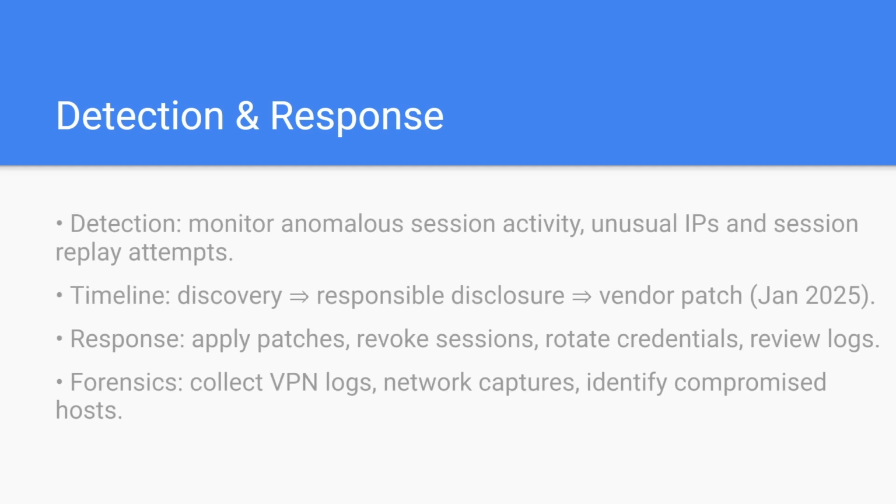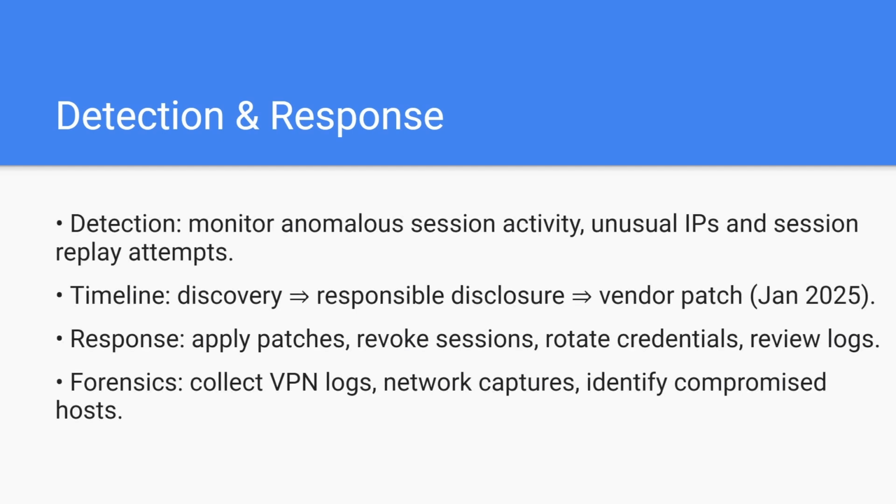Detection focuses on identifying abnormal session behavior, such as multiple sessions using the same token from different IPs, session reuse patterns, or authentication events that bypass normal login events. The public timeline for the vulnerability involved discovery by a security researcher and responsible disclosure to SonicWall, a proof-of-concept publication, and then vendor patches in January 2025.